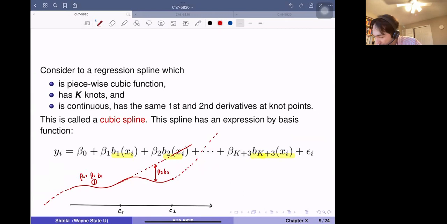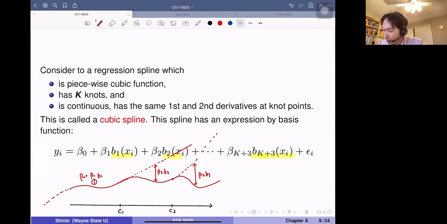So maybe this difference is basically beta 3 B3. So in this way, we can prepare one basis function for one additional interval, then we can fit a good model.